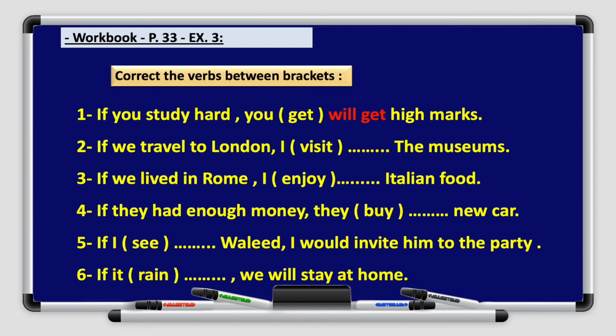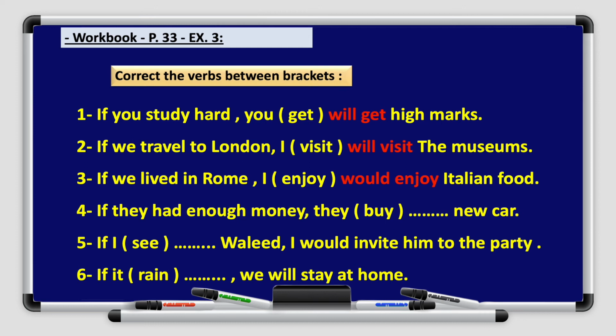Number 2. If we travel to London, I will visit the museums. What about number 3? If we lived in Rome, I would enjoy Italian food. Here, the first part is in the past, so I need to put would in the second part.